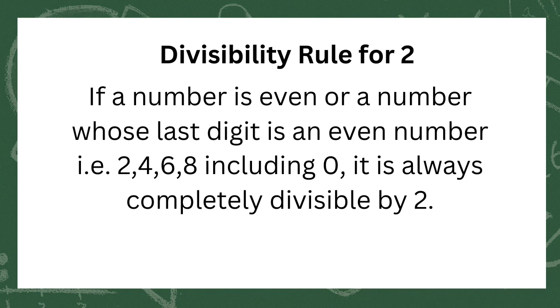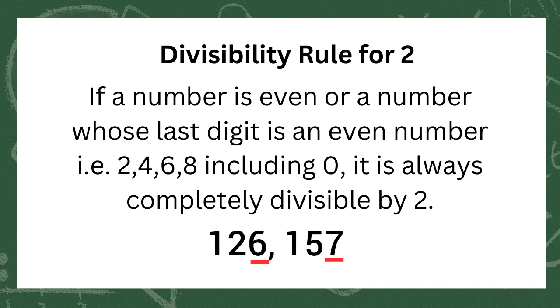I have two numbers here, 126 and 157. How do I know whether each or any of them is divisible by 2 or not? I'll simply check the last digit of the number. In 126, the last digit is 6.